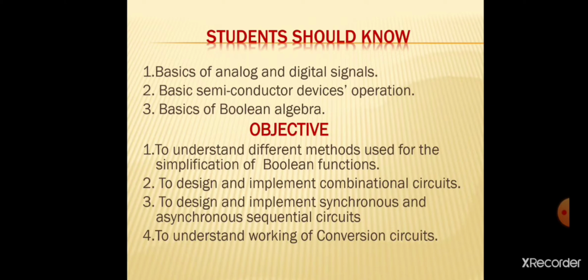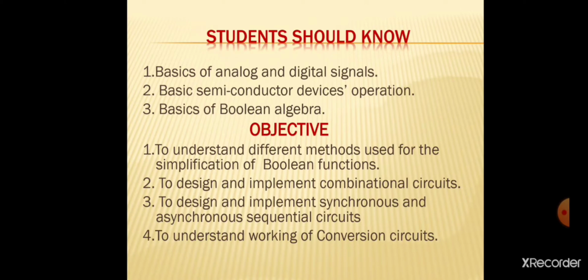Now the objective of this subject in this semester is, first, to understand different methods used for simplification of Boolean functions. Second, to design and implement combinational circuits. As we know, there are different circuits like combinational and sequential, and we are going to see all these in this syllabus. Third, to design and implement synchronous and asynchronous sequential circuits.